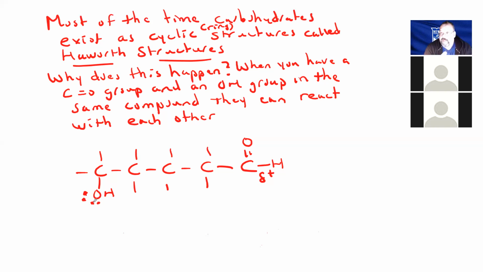When oxygen has one bond, even though we didn't draw it in, that oxygen also has three lone pairs associated with it. When you have a C double bond O and an OH in the same compound, the oxygen of the OH can use a pair of electrons to form a bond to the C double bond O carbon. Now, if you start with the C double bond O carbon in this example, you would go 1, 2, 3, 4, 5, oxygen, and then back to the beginning.